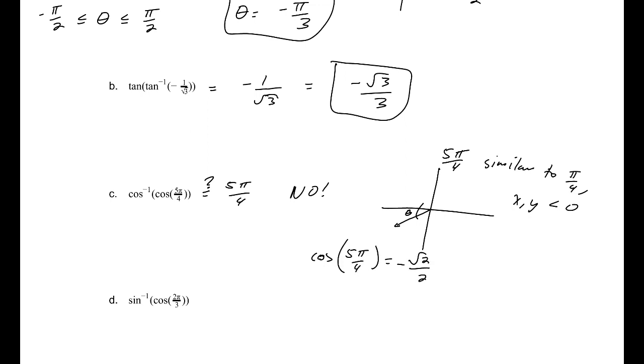And the inverse of that, because the cosine inverse output is between 0 and pi, looking for a negative root 2 over 2, that would actually be 3 pi over 4.